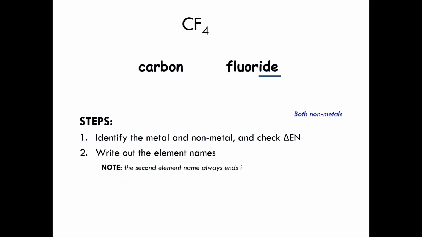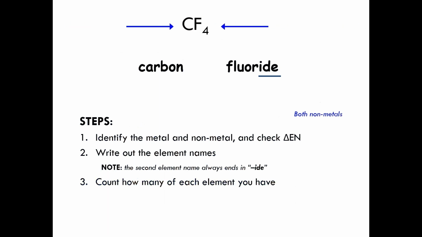And so I know one will be carbon and the other will be fluoride. The ending must be "ide" because it's the second element. And the third step is to count out how many of each element I have. And so I know I have 1 carbon and I have 4 fluorines.